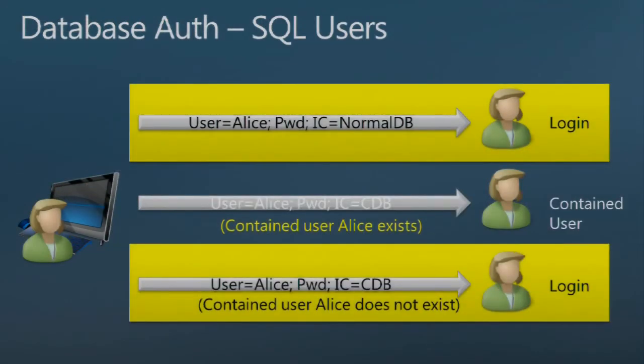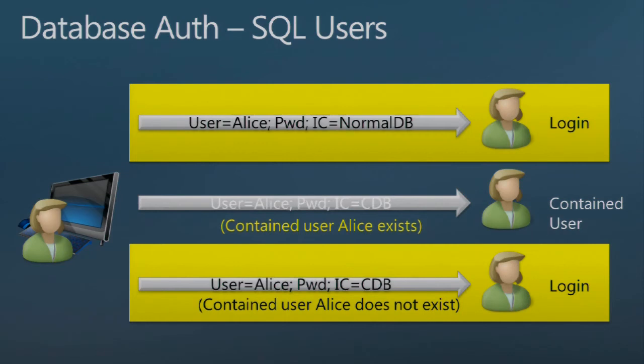With a SQL user, with a username and password, the connection string provides a username and a password and an initial catalog. If you name an initial catalog that's just a normal database, you get a traditional login. If you name a contained database and a user with that name exists, we will always attempt to do a contained user authentication.